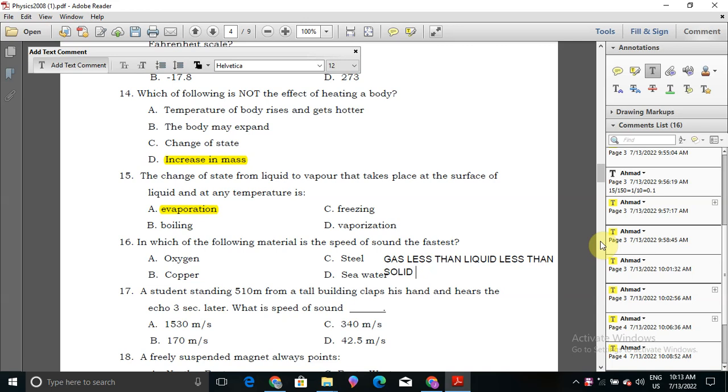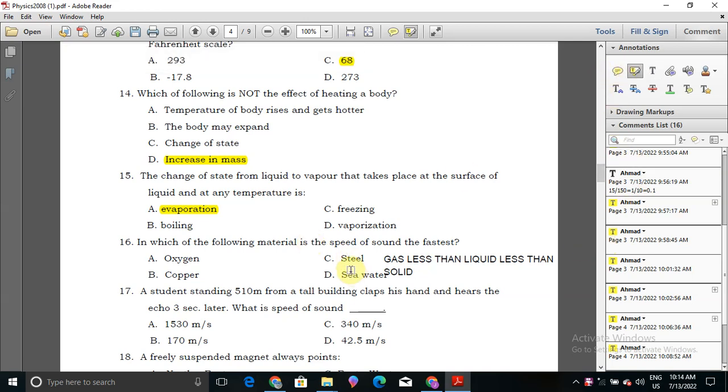So that means the larger one, which is steel, 5948 is greater than 4998. So the correct answer for question number 16 is steel, which is choice C.